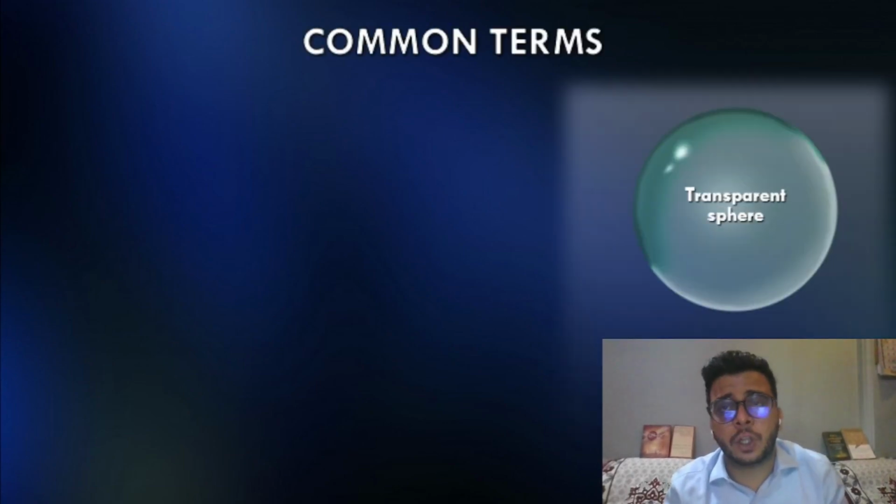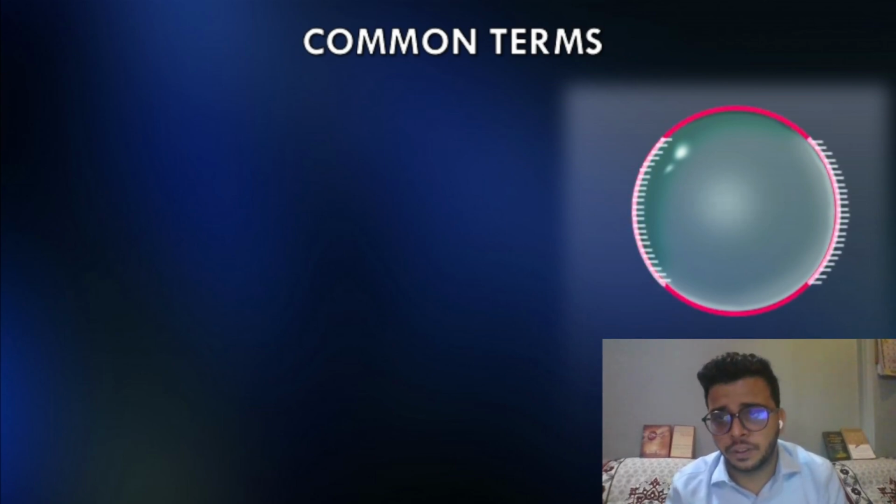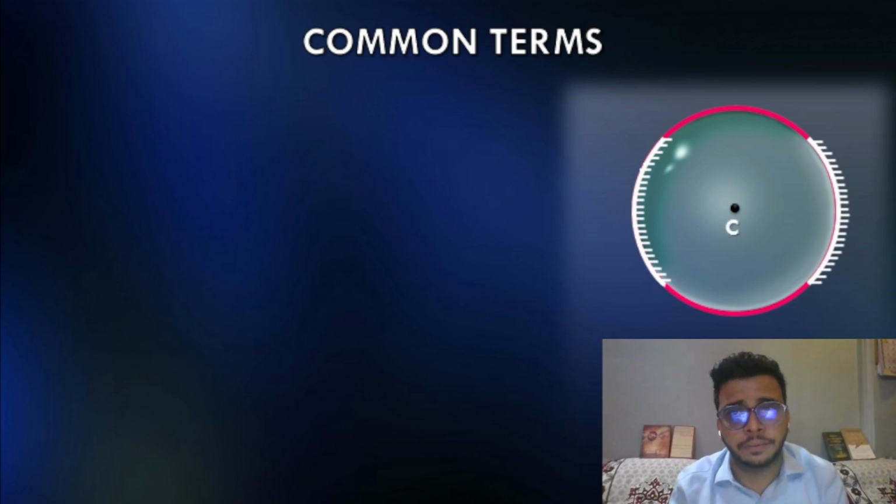Now moving ahead, we are going to focus on some common terms which we'll be using in spherical mirrors. So the very first common term is center of curvature. So this is a transparent sphere and the center of this is known as center of the sphere.